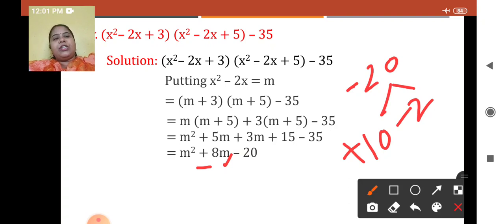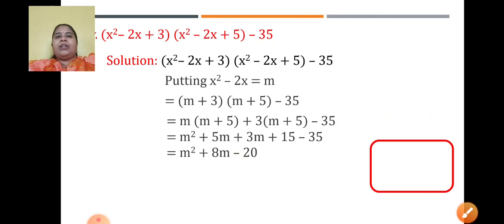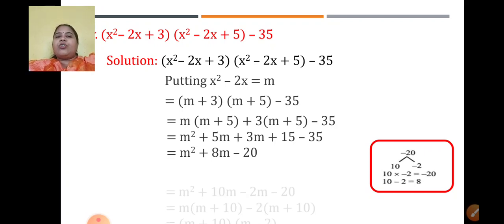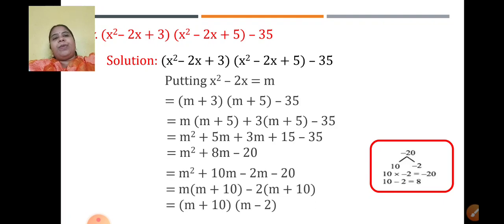Okay. So these are the two factors. Write the factors. The factors are 10 and minus 2. We can verify also. Product is giving me minus 20 and sum is giving me 8. So write the factors. m square plus 10m minus 2m minus 20. And when you take common and all, you will get the answer as m plus 10 and m minus 2.